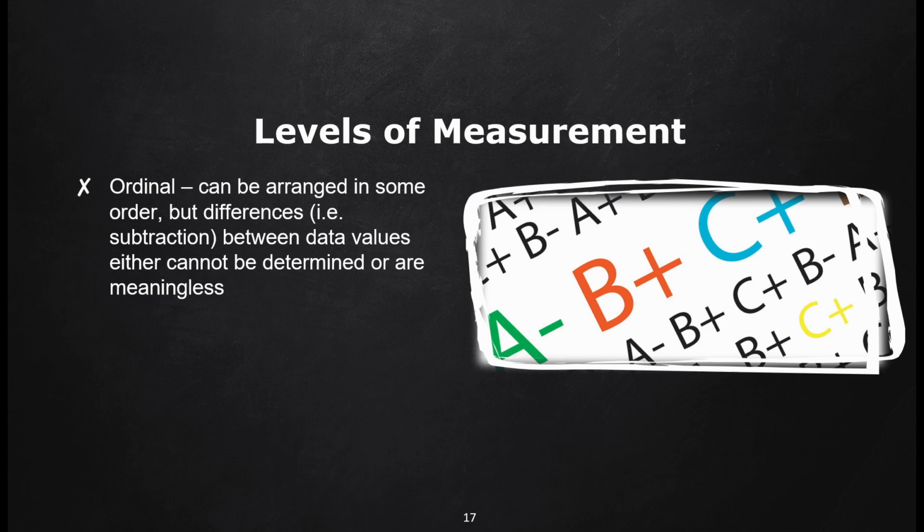But now let's say I tell you, what is A minus B? We can't really do that, right? Because it's just their letters. If we were talking about their percentages, like a 90% and an 80, then we could do some cool math with it. But just with their labels, we cannot subtract them. And if we can, then it's not really useful. Okay.